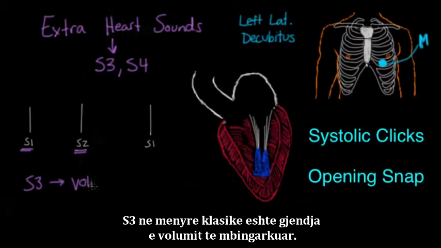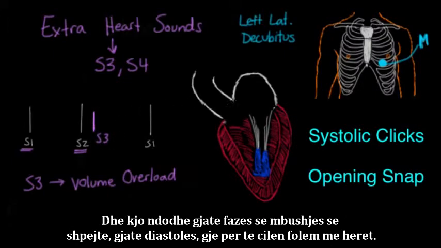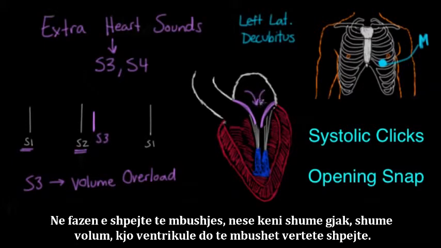Well, S3 is classically a volume overload condition. You hear this in early diastole, so around here, and this occurs during the rapid filling phase during diastole that we talked about before. In this rapid phase, if you have too much blood, too much volume, this ventricle is going to fill up really quickly.